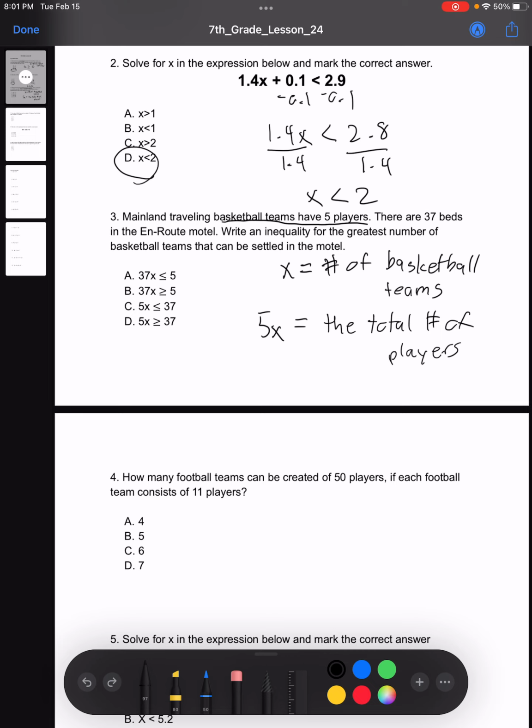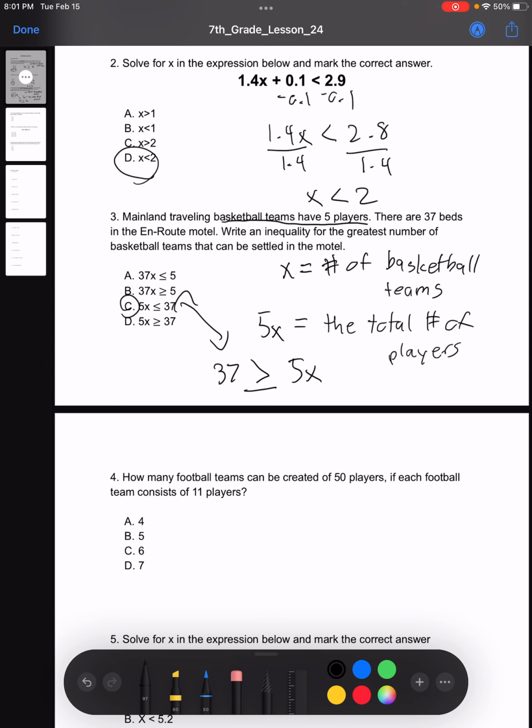So now we know that we have 37 beds that can accommodate 37 players. That means that 37 has to be greater than or equal to our total number of players. Otherwise, we'll have no more beds. So that would make our answer B. Oh, I'm sorry, that would make it C, actually.